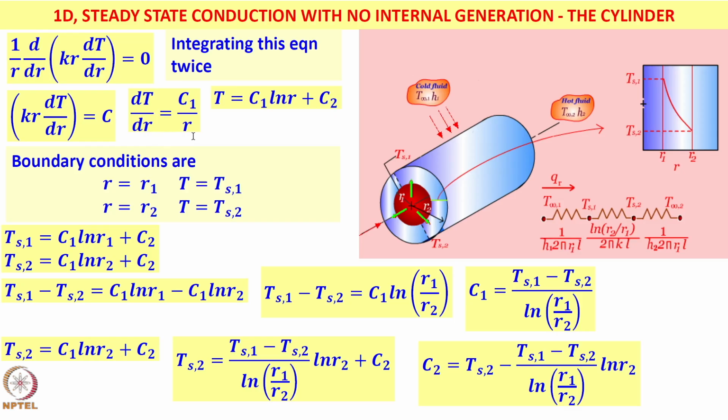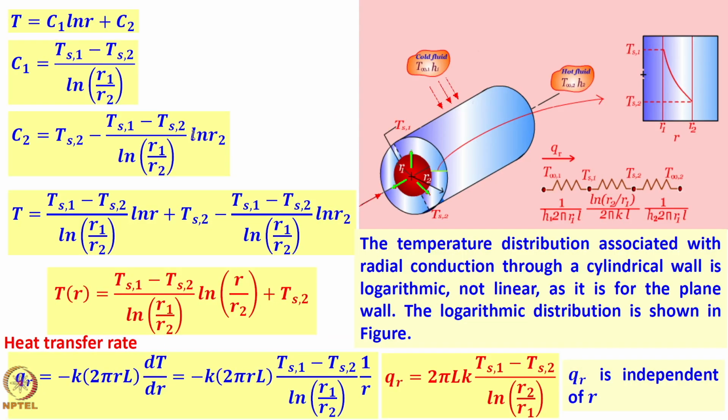I have now the value of C1. So Ts1 minus Ts2 divided by log R1 by R2, whole divided by R. That is what is here. C1 by R is substituted for dT by dr, and you group this together in a form which I like.